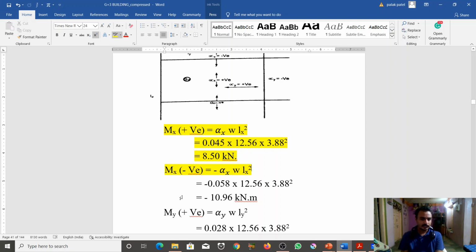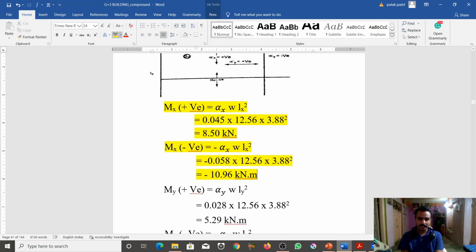Second, for the negative, alpha x w Lx squared. Alpha x negative is 0.058, w 12.56, Lx 3.88 squared. So Mx is minus 10.96 kilonewton meter. This is Mx negative at the support.